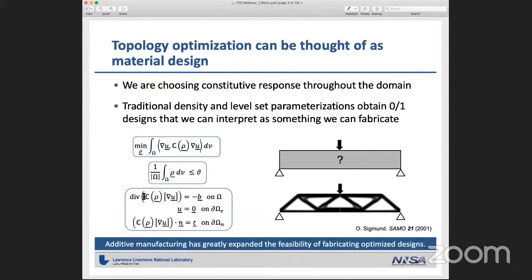I'm showing that here as the elasticity tensor as some function of a density field or some decision variable field, and we set up some sort of interpolation, and then what I'm showing here is just the very standard linear elasticity, doing minimum compliance design subject to a resource constraint.